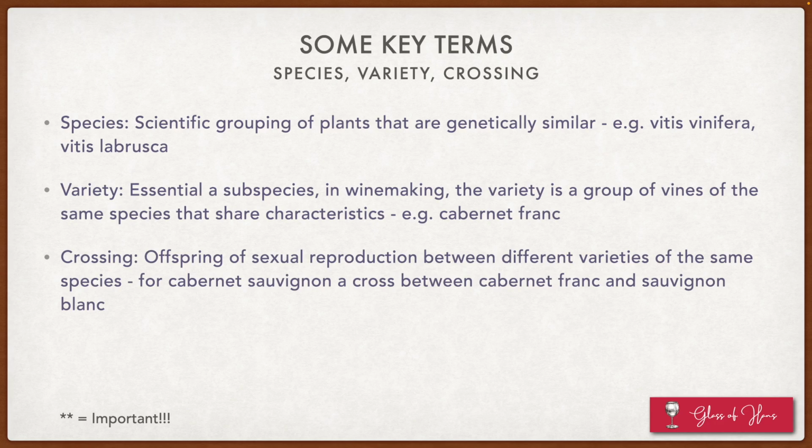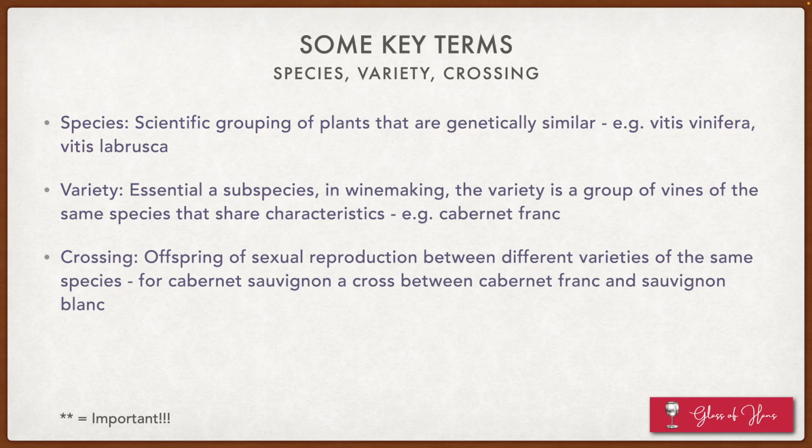And some other key terms that are important to remember for knowledge as well as for the exams. One, what's a species? So Vitis vinifera, for example, is a species. Chardonnay and Cabernet Sauvignon are not species. That's the second thing, a variety. Essentially, it's a subspecies in winemaking.